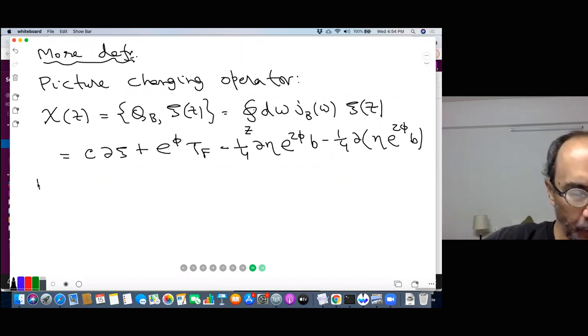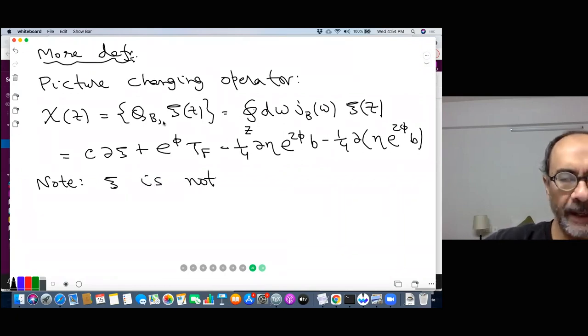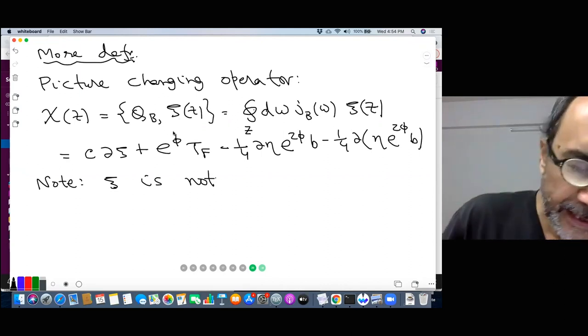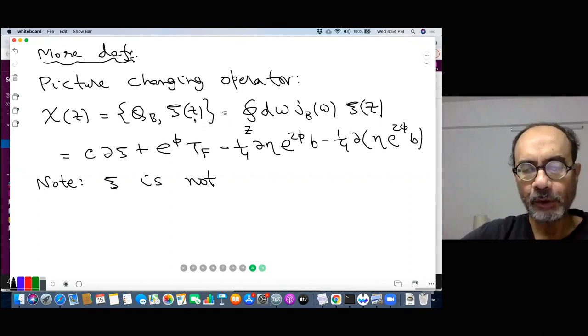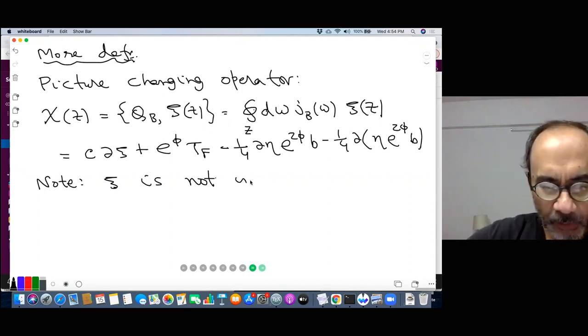One important point to note is that this is not in the small Hilbert space. So this shouldn't really strictly make sense in the CFT that you are working in. Okay, and you will never really need to use this.